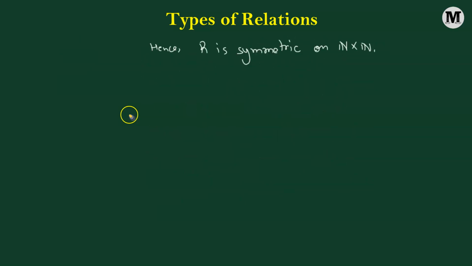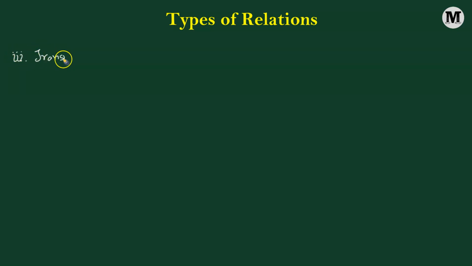Now we have to show that it is transitive. Okay. So how do we show that our relation R is transitive? For this, we'll have to again pick up some arbitrary elements. So let's say we pick up the arbitrary elements as the ordered pair a comma b. Next, we consider c comma d, and then we consider one more ordered pair e comma f.